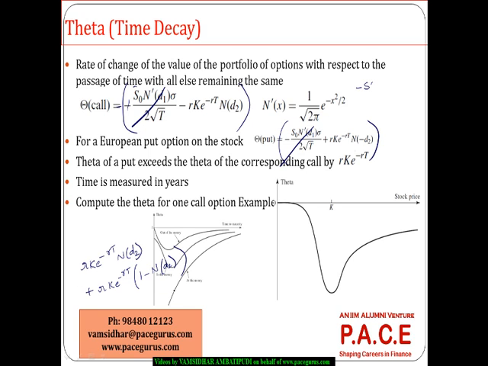So you could very clearly see that the difference is nothing but rK e power minus rT. So the theta of a put option exceeds the theta of the corresponding call by rK e power minus rT. So that's one way to remember the thetas for both. And in general, the theta is measured in years. So we can actually look at one example wherein we can compute all the Greeks.